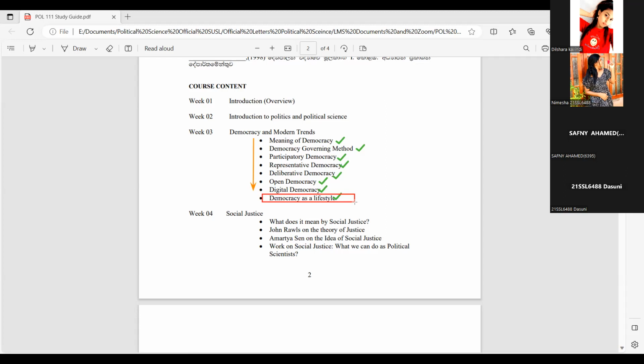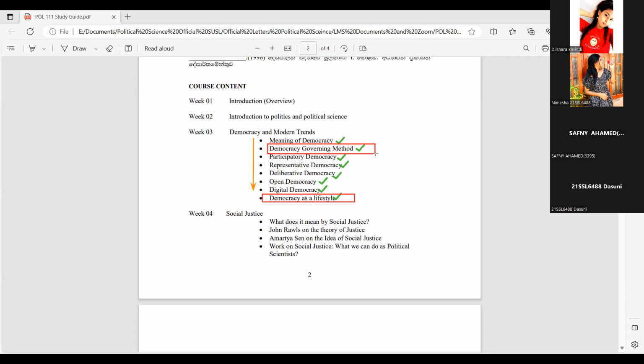Then in here, we are going to study democracy as a lifestyle. But in here, we study democracy as a governing method, right? Democracy as a governing method, and also democracy as a lifestyle.